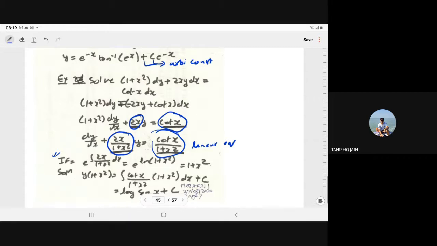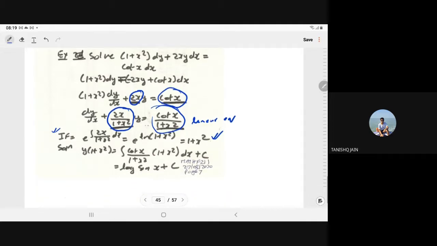Integrating factor is e to power integral P(x) dx. So here it will become e to power integral 2x upon 1 plus x square dx. So its integration is what? E to power ln of 1 plus x square. That can be written as 1 plus x square.